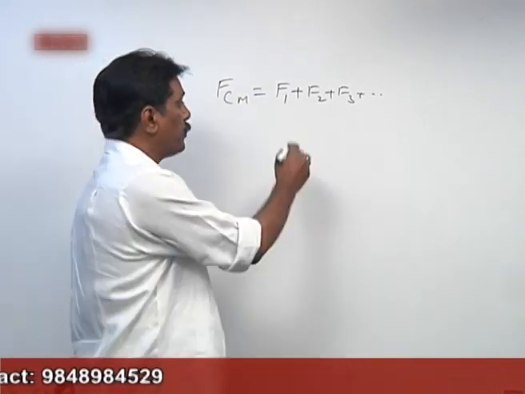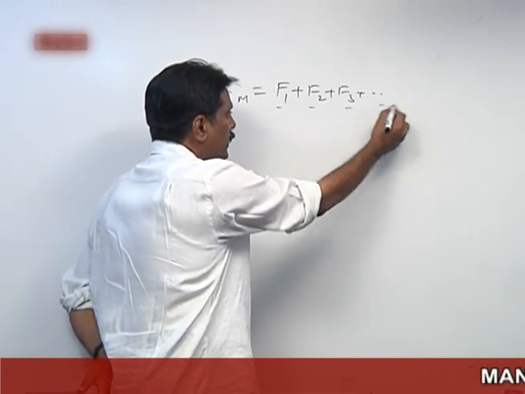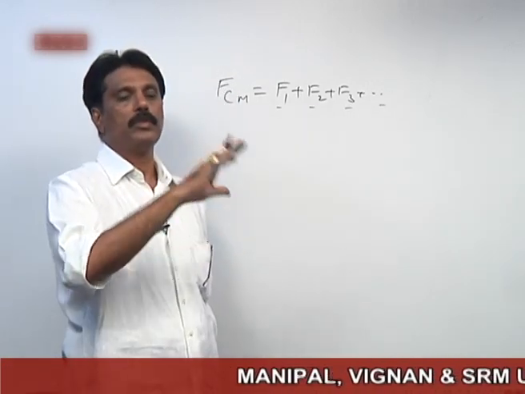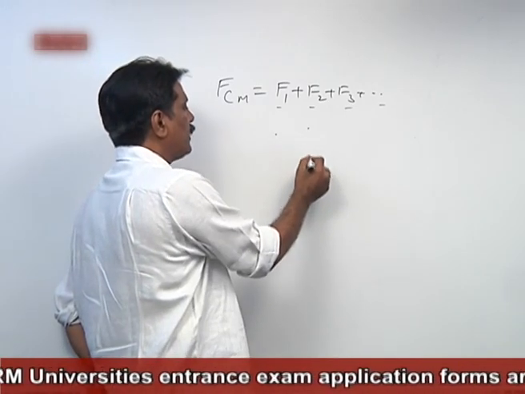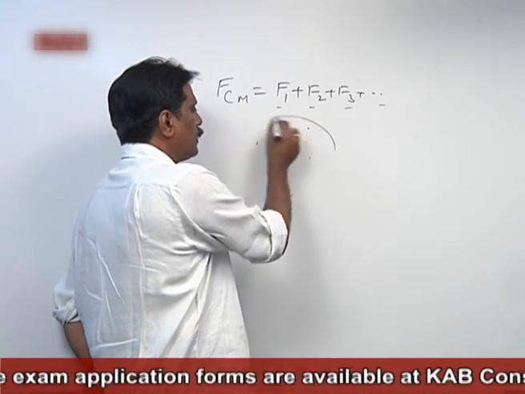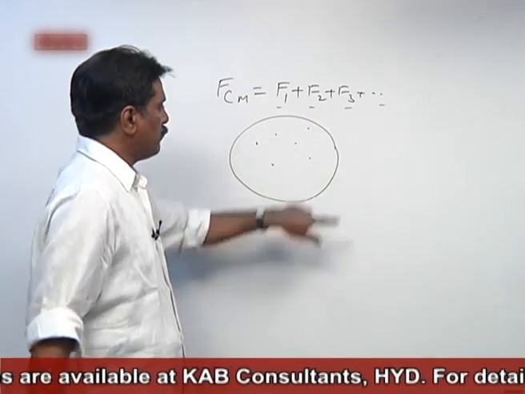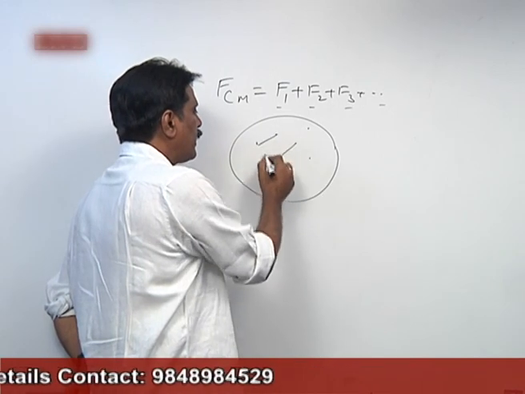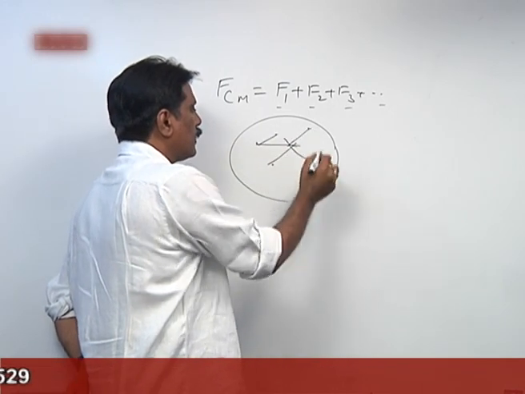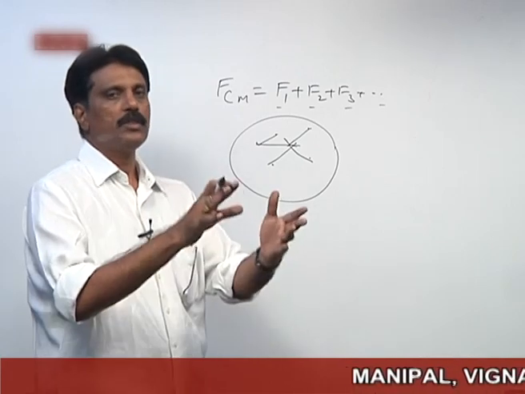Here, what you should remember is that F1, F2, F3, etc. are all external forces to the system. That means, if there are a number of particles in a closed system like this, and they collide internally, all these forces become internal forces only.